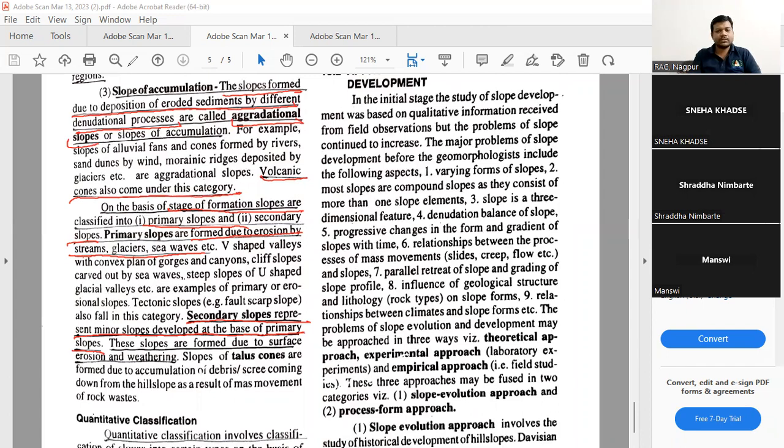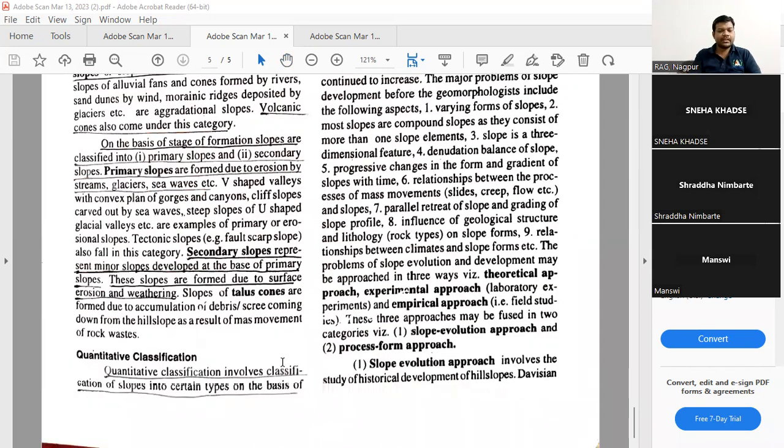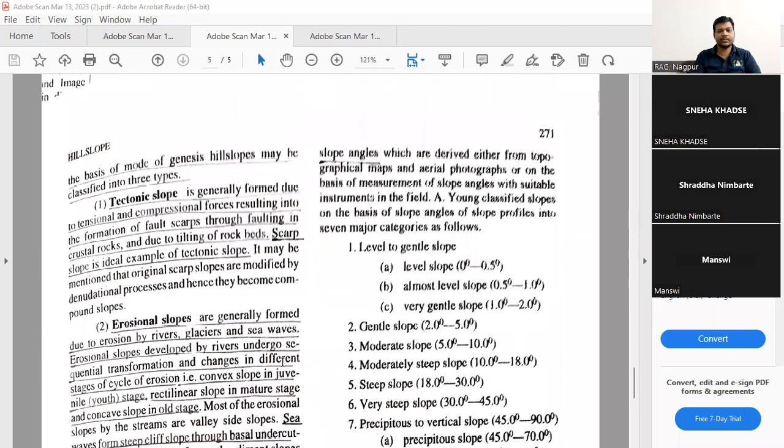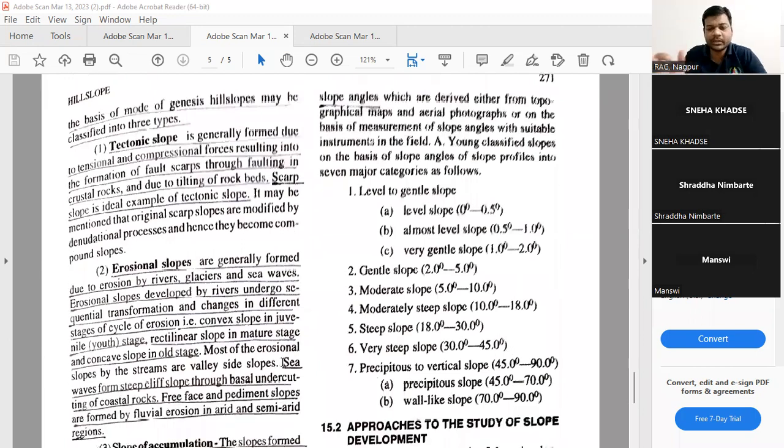Now, next is the quantitative classification. The quantitative classification of slope is according to the angle. It is level to gentle slope.